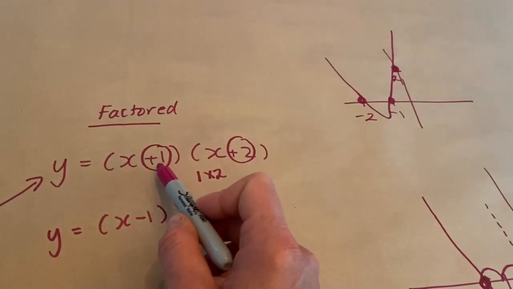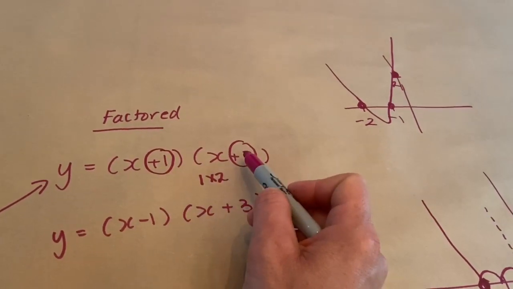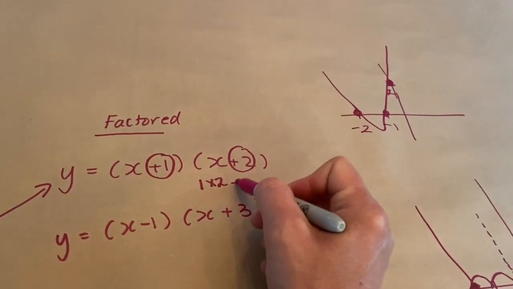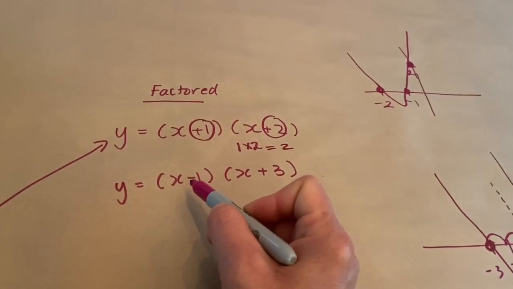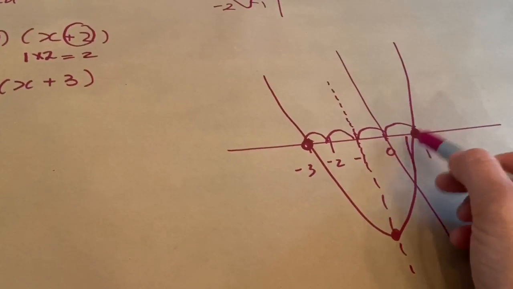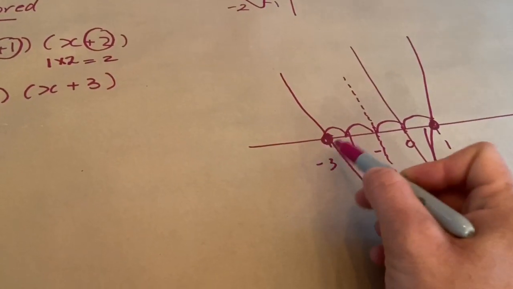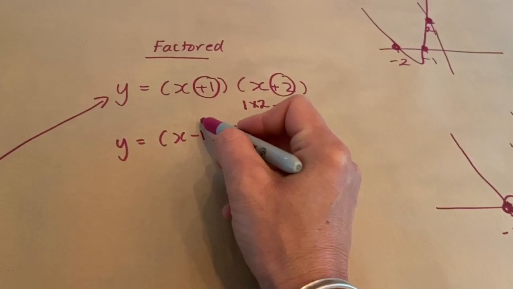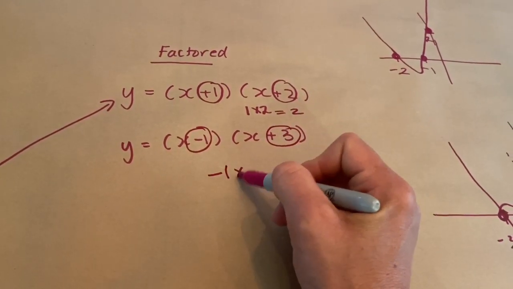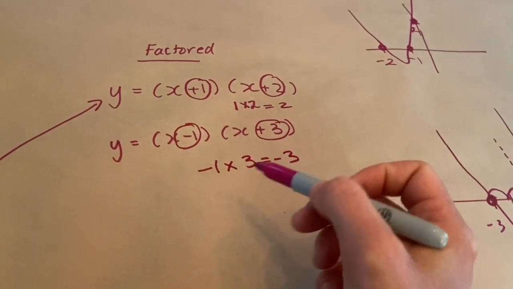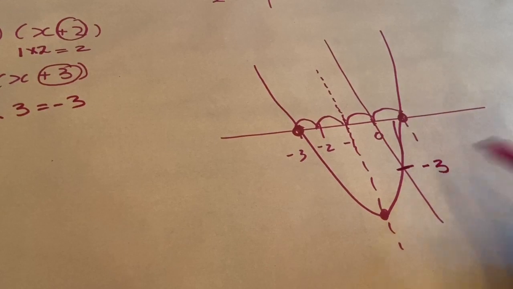Okay, now let's see if we can use the same trick. Here it was +1 and +2, so it was -1 and -2, and +1 times +2 gives you +2, and that's where it touches over here. So let's look here. Here's a -1, here's a +1, here's a +3, here is a -3. Now, if I take these numbers, the -1 and the 3, -1 times 3 gives you -3. I wonder if that means that this right here will be -3.